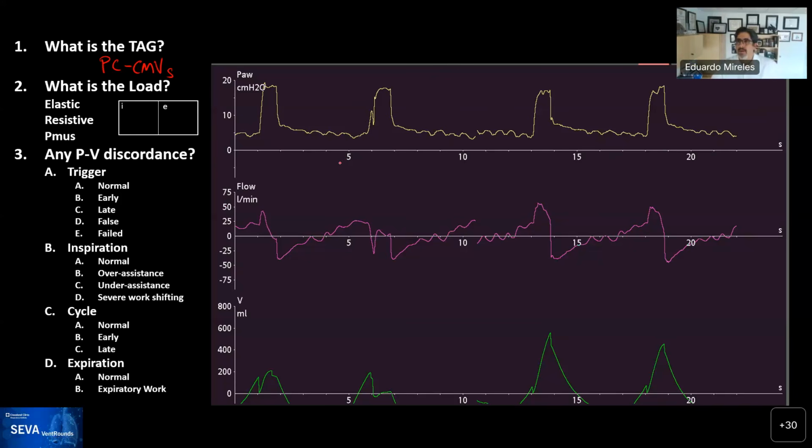So by looking at this waveform, what do you think is the main load on this patient? Elastic, resistive, or PMUS? Thank you, Kirsten.